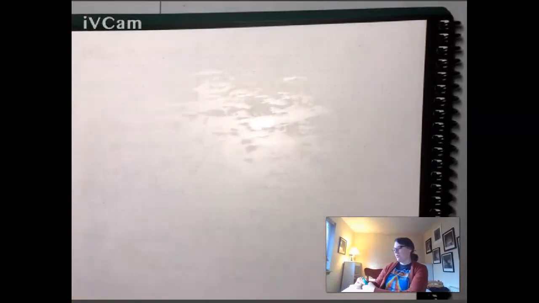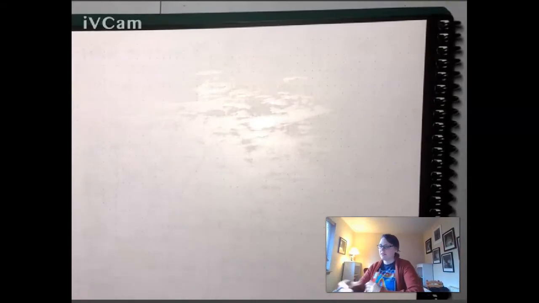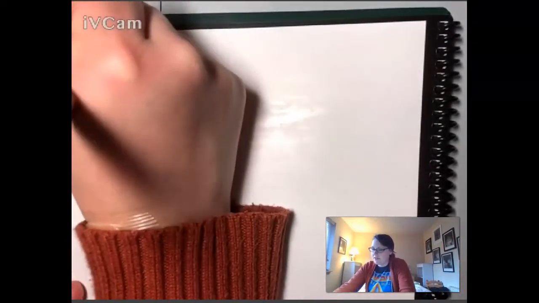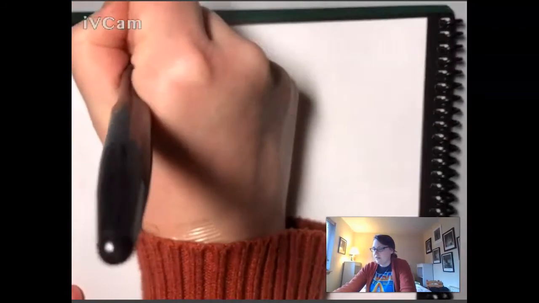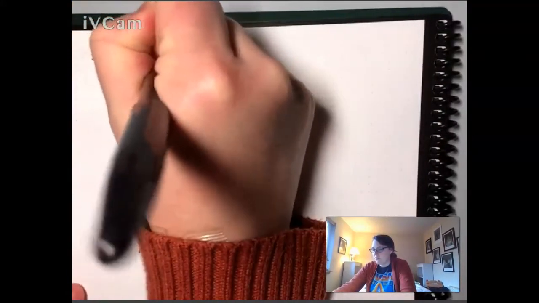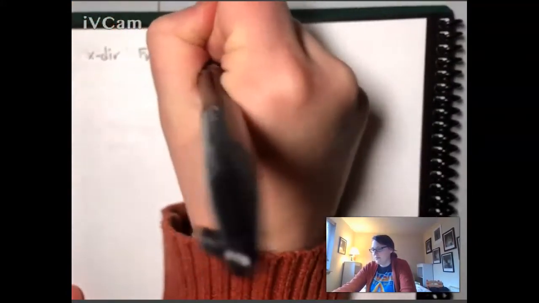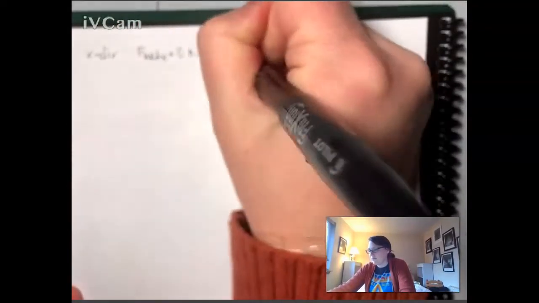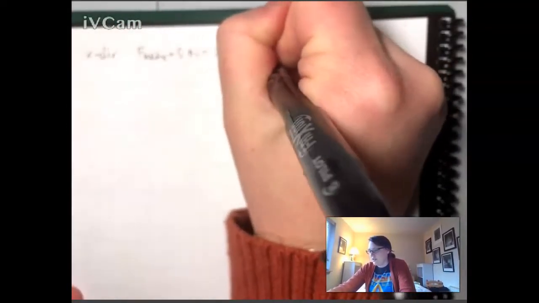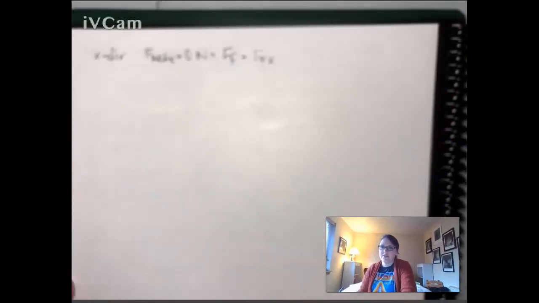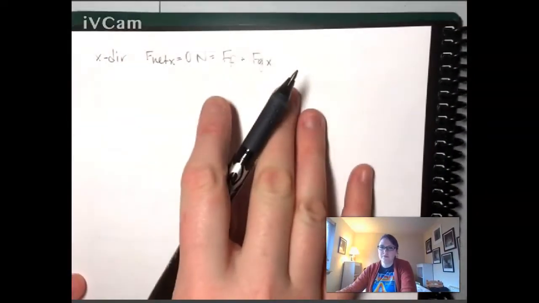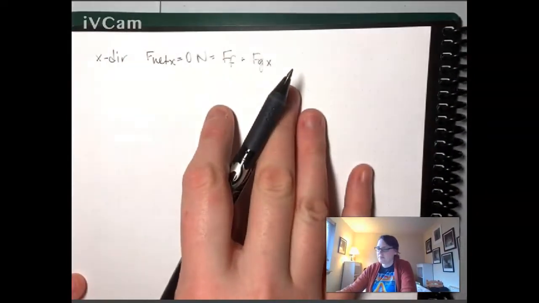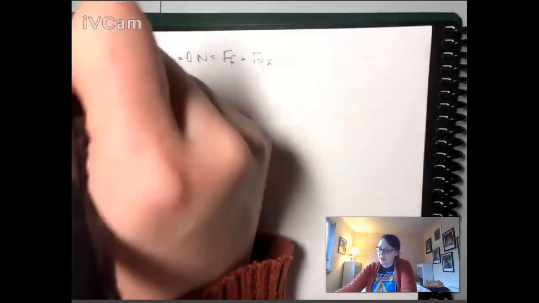Okay, so here's where we're at. In the x direction, I have net force equal to 0 because the force of friction plus the force of gravity in the x direction is, come on computer, you do it. That's our net force, and they add up to 0.